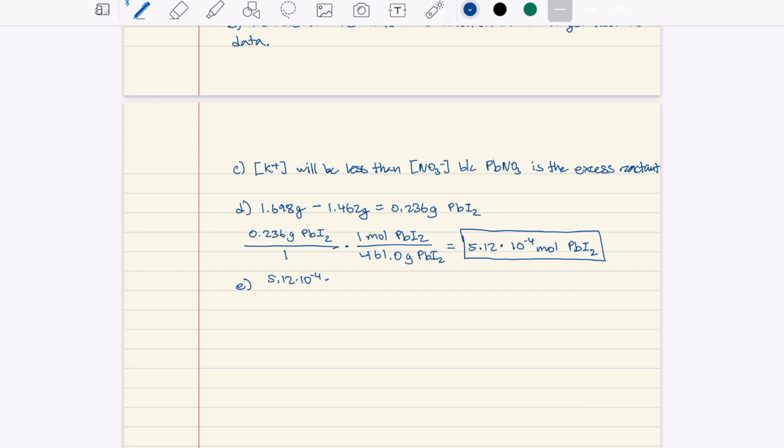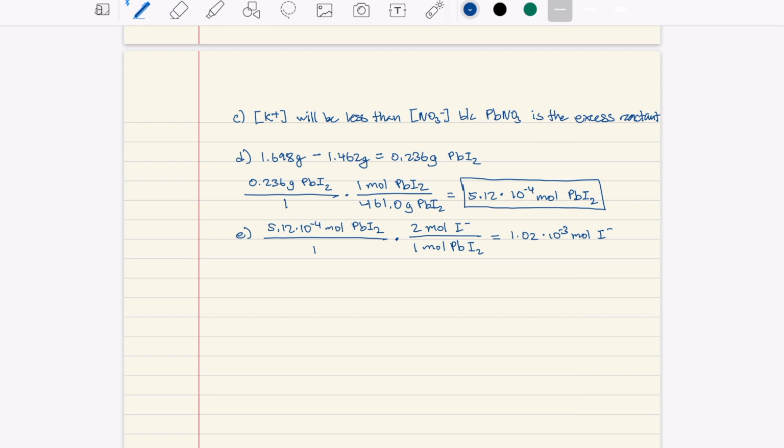We would go 5.12 times 10 to the negative 4 moles of PbI2 over 1, multiplied by 1 mole of PbI2 is 2 moles of I minus, because there are 2 I minus ions in PbI2. Doing this calculation, we'll find that the moles of I minus is 1.02 times 10 to the negative 3 moles of I minus.